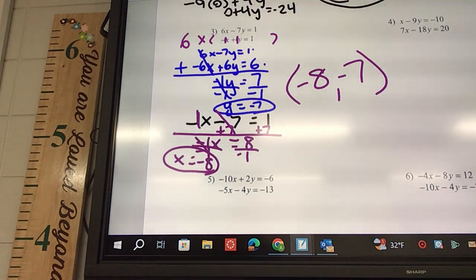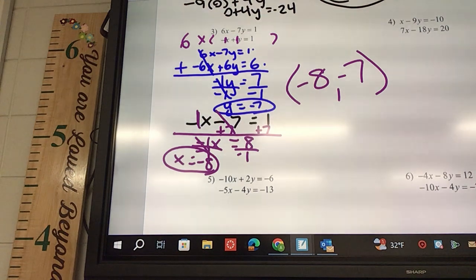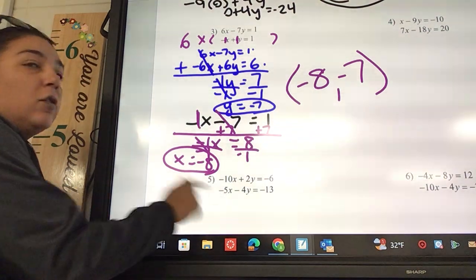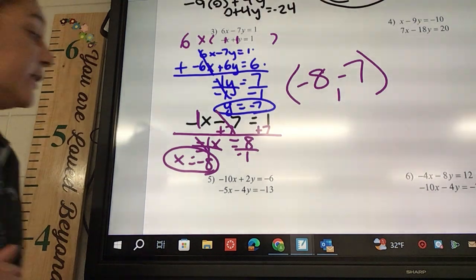Okay, look at number 5. What would you like to cancel, x's or y's? Doesn't matter, pick one. X's. Okay, what's smaller, 10 or 5? 5, so that means this one is the one that needs to be times.